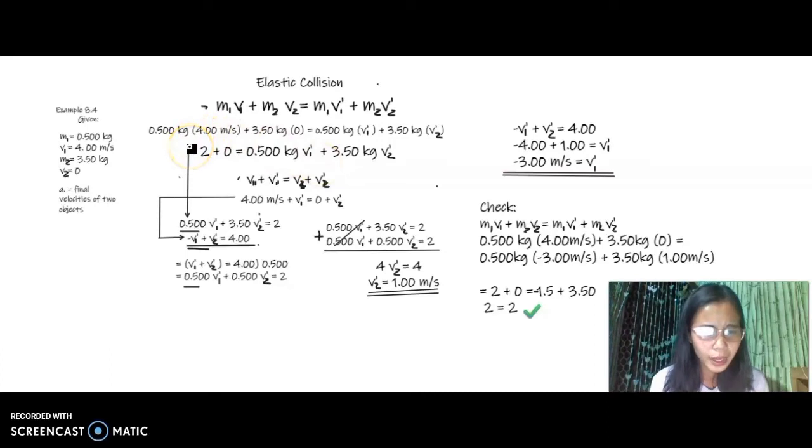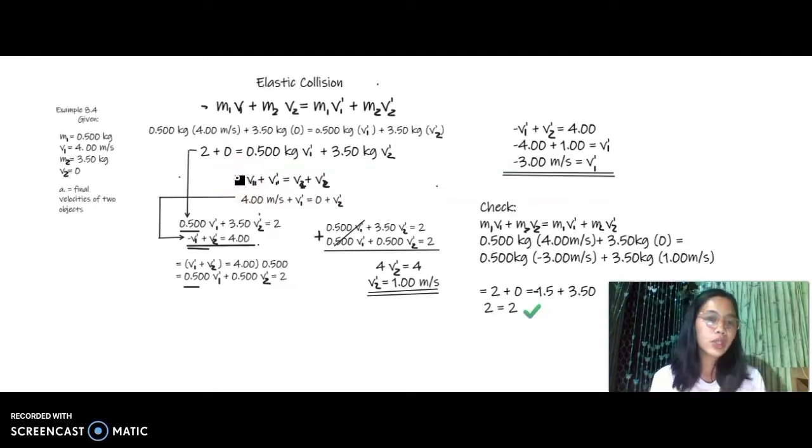So we're just going to have 0.500 v prime 1 plus 3.50 v prime 2 equals 2. Next, we're going to solve for the velocity.